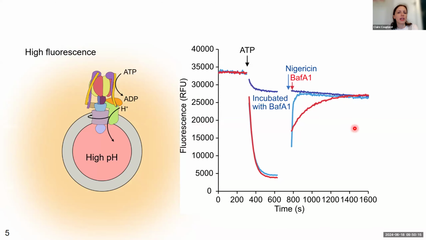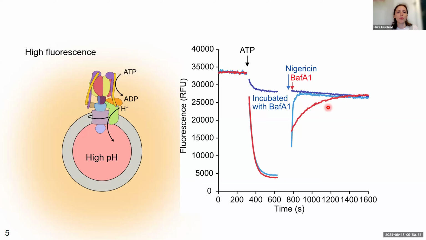And furthermore, if we incubated with bafilomycin prior to adding the ATP, we saw that acidification of the synaptic vesicle was completely lost. So now we know we have synaptic vesicles that are active.